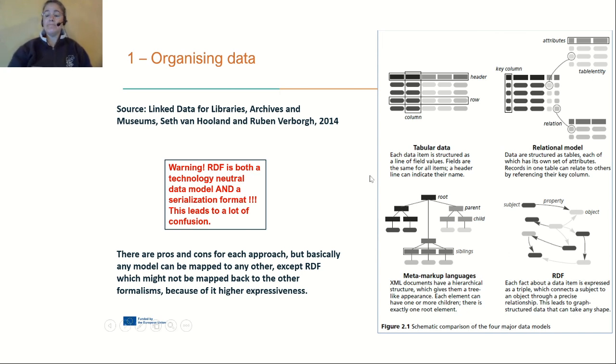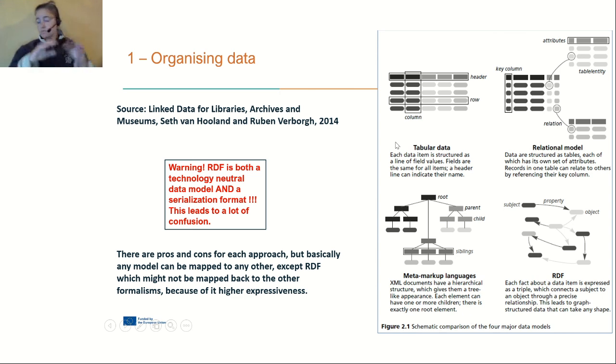So basically, you could take a model from any one of these approaches and transform it into a model in any other one of these approaches. They can be more or less equivalent. The only one that cannot necessarily always be transformed back is the RDF, because you can have circularity in a graph, which you would not be able to model using the other approaches.